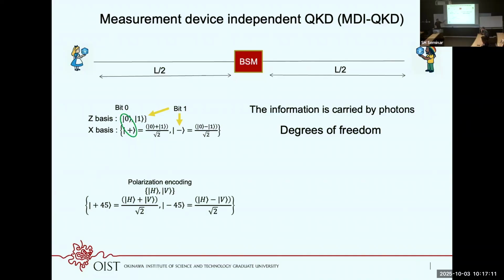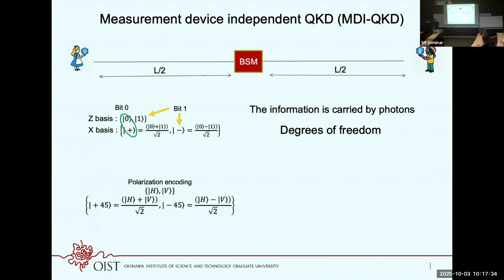I'm just going to put 2 here, but there are many, for example, polarization. In this case, polarization, as you can see here, H and V correspond to the Z basis, and plus 45, minus 45 to the X basis. So in that case, an H photon will be bit 0, and a V photon will be bit 1.